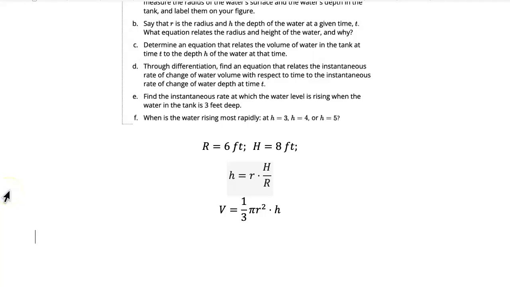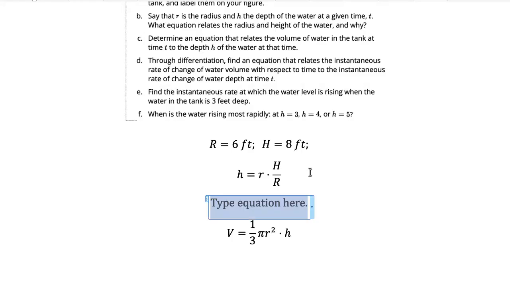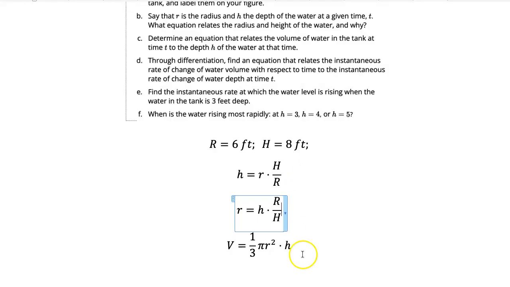And so what we want to do is express this just in terms of h, or just in terms of r, pardon me. And so I'm going to go back up here, and this equation we really need to write as r equals h times r over h, right?